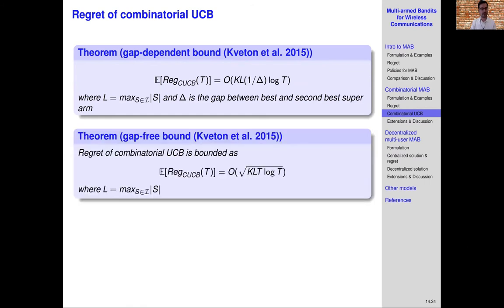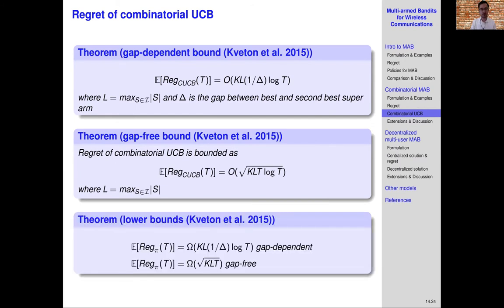There is also a gap-free regret bound. The CUCB algorithm achieves a gap-free regret bound of square root of K L T log T. And these bounds are near optimal. They're almost matching lower bounds for the combinatorial bandit problem.